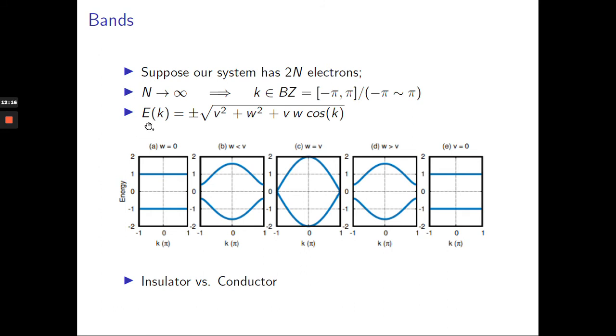Since k now takes a continuum of values in this circle, and this is actually a circle, and this is important, since we take an interval and we identify the points in its boundary, this will now be a continuous function, and we can plot these graphs, and this is what we call the band structure.